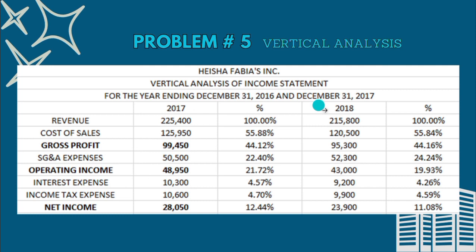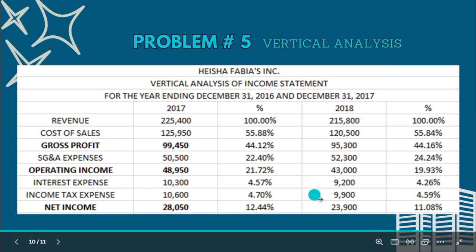So, for 2018 naman, meron silang revenue na 215,800, cost of sales na 120,500, gross profit na 95,300, SG&A expenses na 52,300, operating income na 43,000, interest expense na 9,200, income tax expense na 9,900, and last, net income na 23,900.